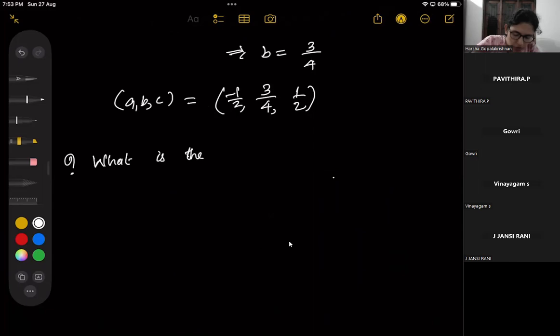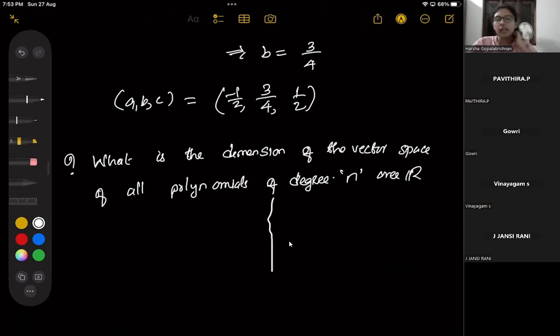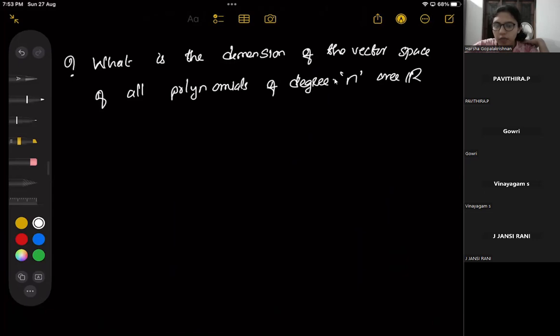So the question is, what is the dimension of the vector space of all polynomials of degree n over R?